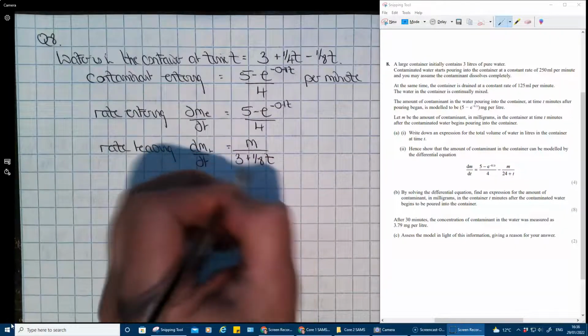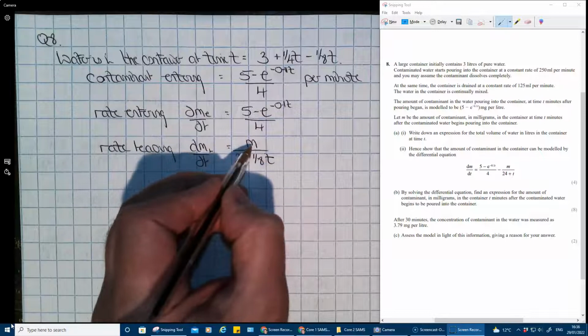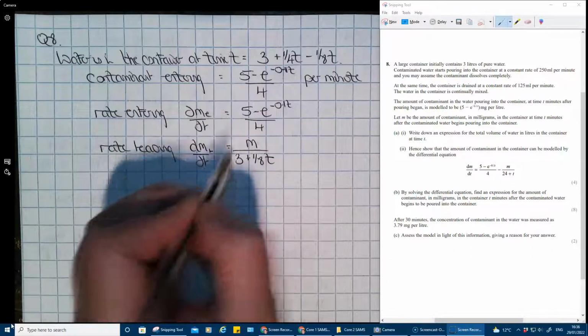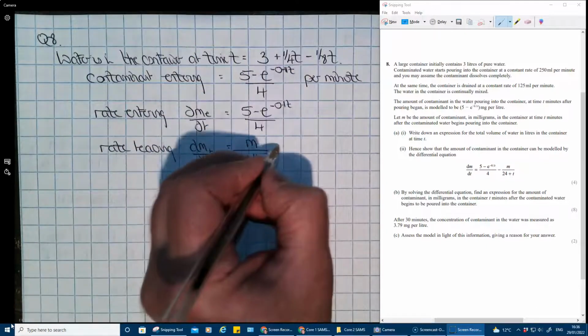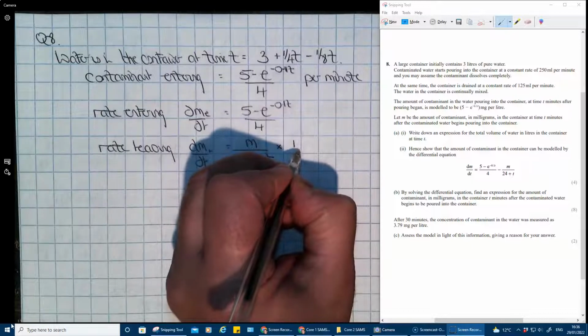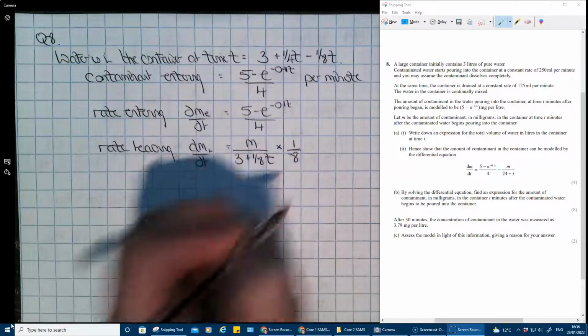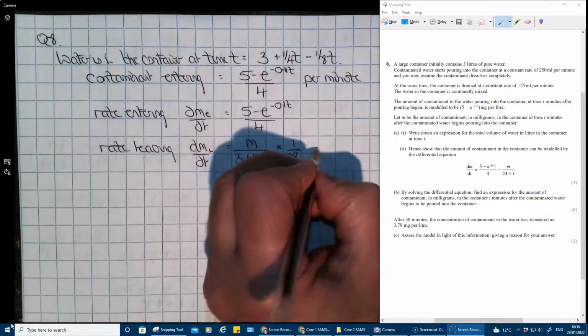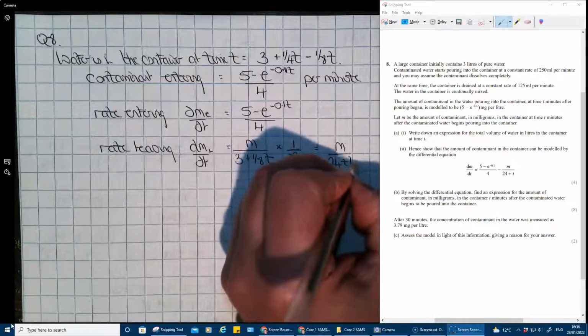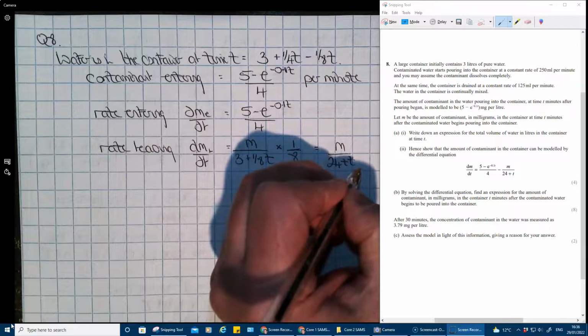So this is the concentration of a contaminant. So m is the amount of contaminant, that is the volume of water in the container taken from the top. And we know the amount that's leaving is 1/8 of a litre, so we times it by 1/8. So that comes out to be m over 24 plus t. So that gives us the result we're looking for.